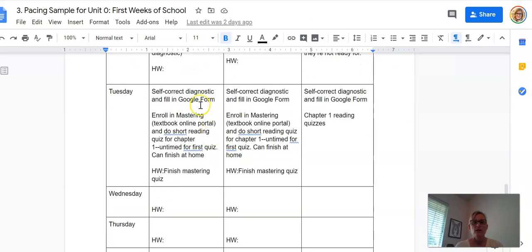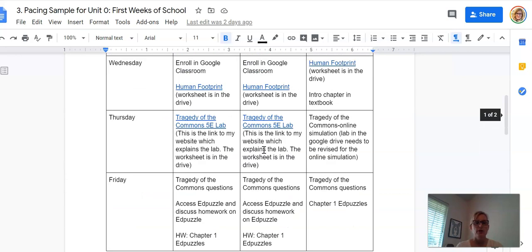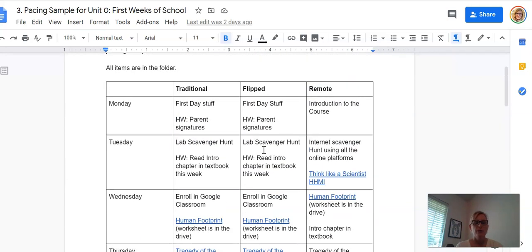And then the self-correcting and diagnostic should take about half the period, and then we enroll in my online portal in class together because they have to go through this sign-up process, and then they can start doing a reading quiz for chapter 1. So let's talk about chapter 1. The homework I have way up here in the first day is read the intro chapter in your textbook.